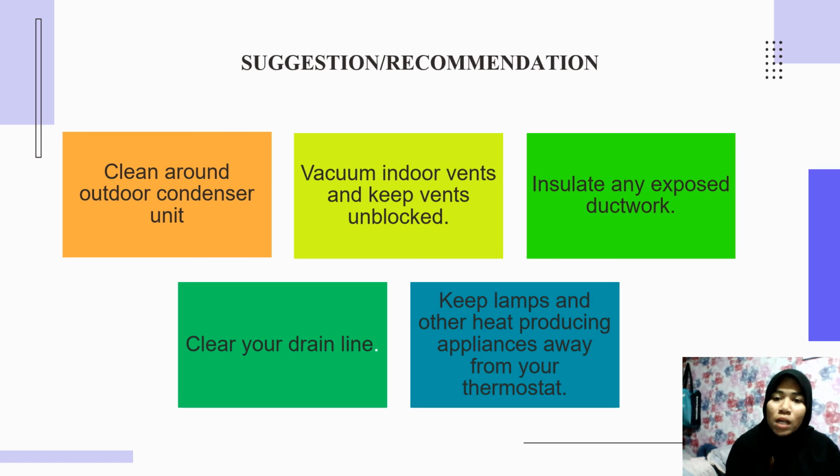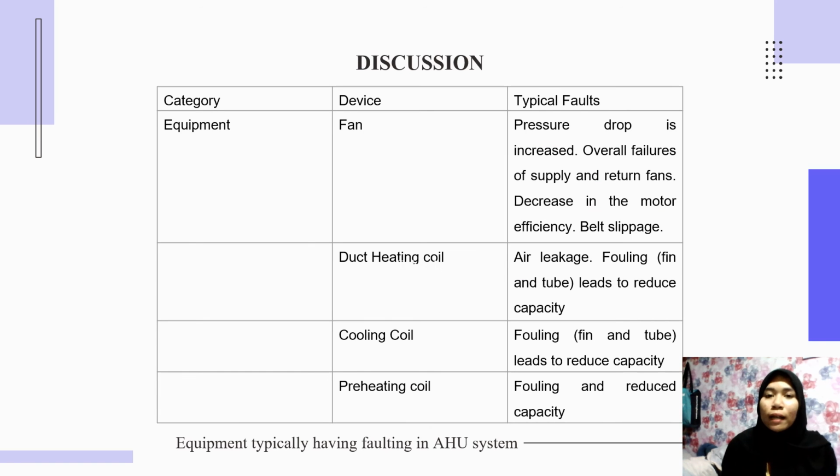Insulate any exposed ductwork to avoid leaking problems, and clean your drain line to save the basement from taking on water if the drain becomes blocked. And lastly, keep lamps and other heat-producing appliances away from your thermostat.